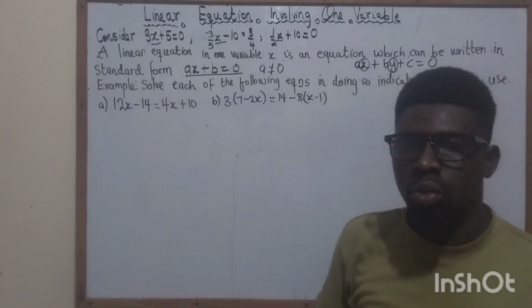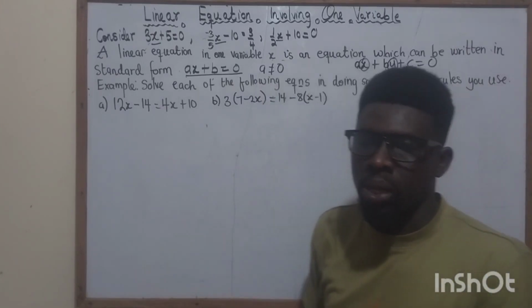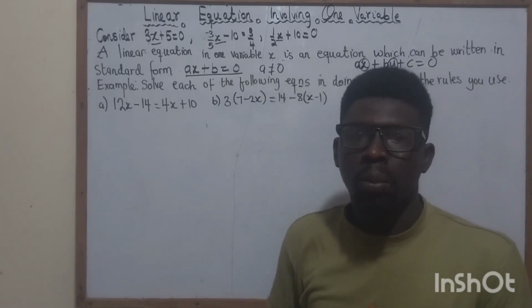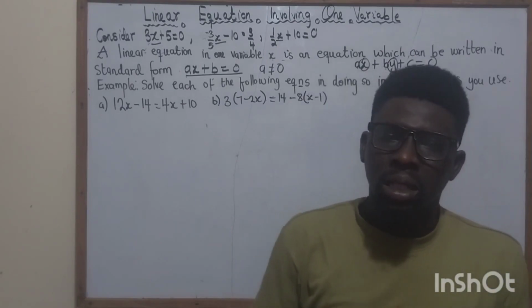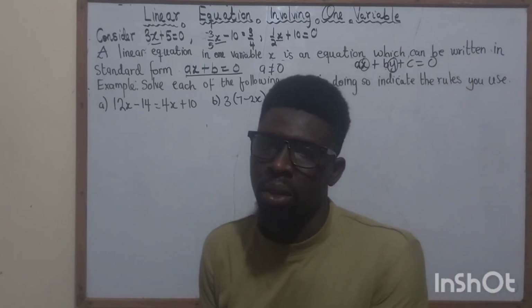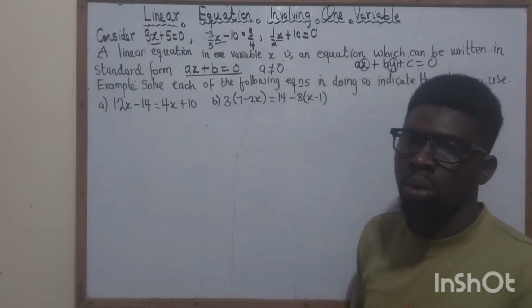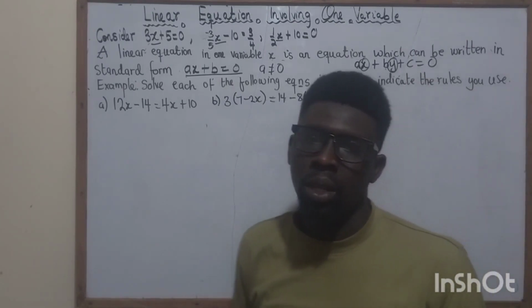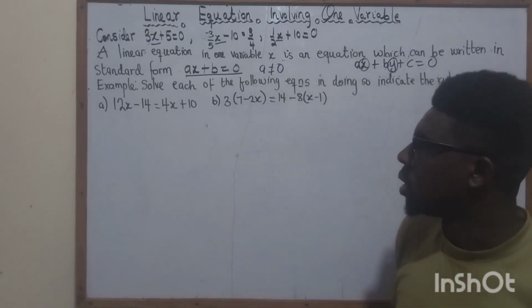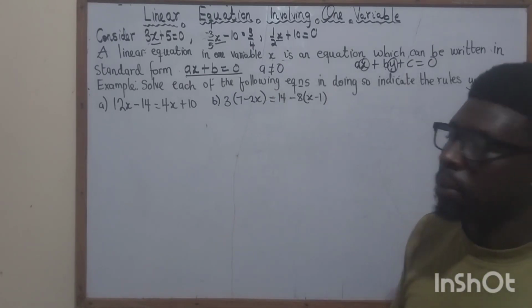For us to solve the given equation, we must apply the appropriate rules that will help us get a simplified equivalent equation that puts x on one side of the equation and the constant number on the other side, and that constant number becomes the solution of the equation. So let's apply these rules.